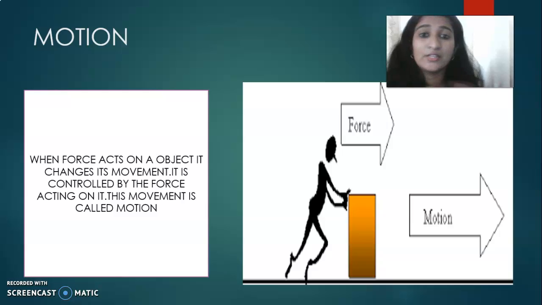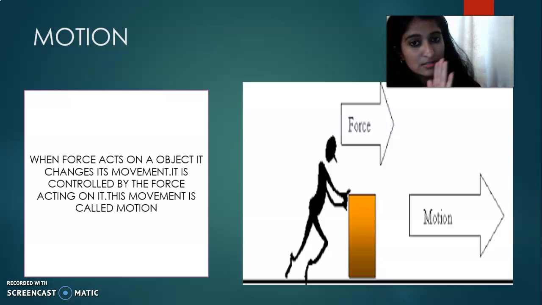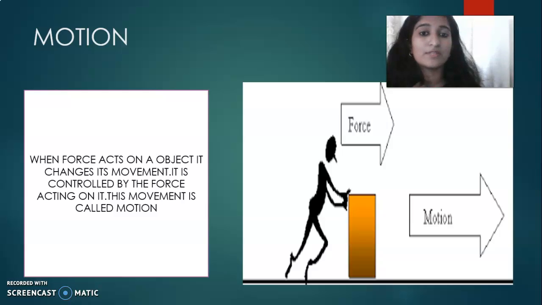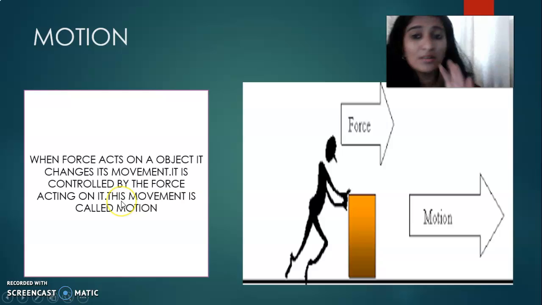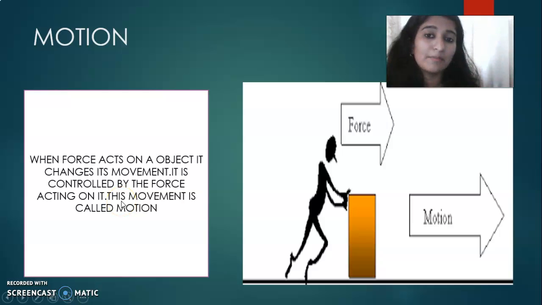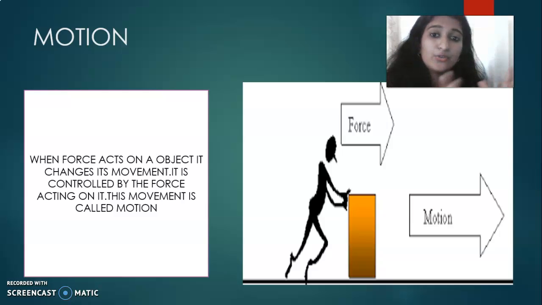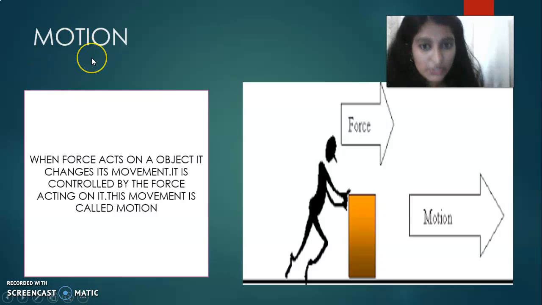If we have large force, the object will move fast. If we apply less force, the object will move only a little. When force is applied to an object, the object will tend to move. This movement is called motion.